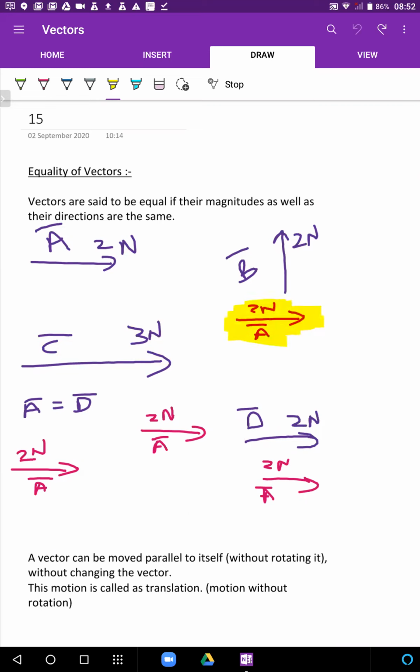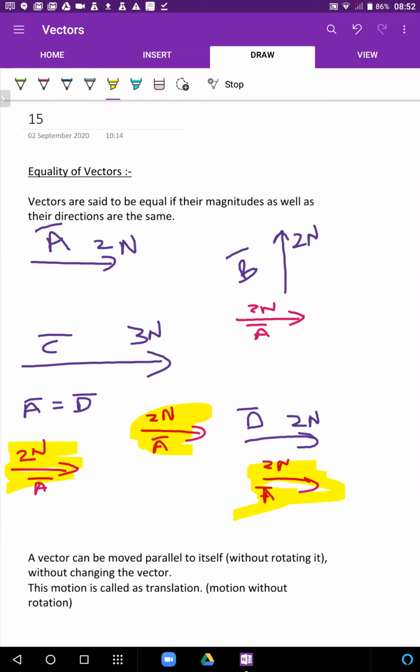Now try and see what that is telling me. Where I am drawing A bar doesn't seem to matter. I drew it over here, I drew it over here. Where I'm drawing it doesn't seem to matter. I can draw it over here again, and again. You can draw the vector anywhere, it doesn't make a difference.